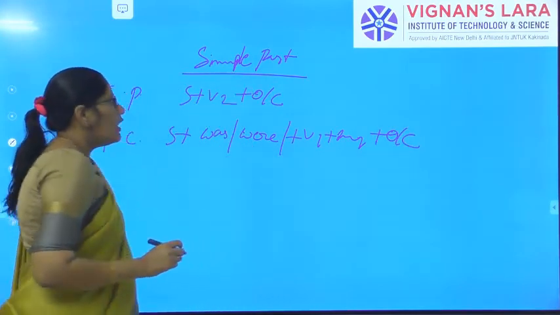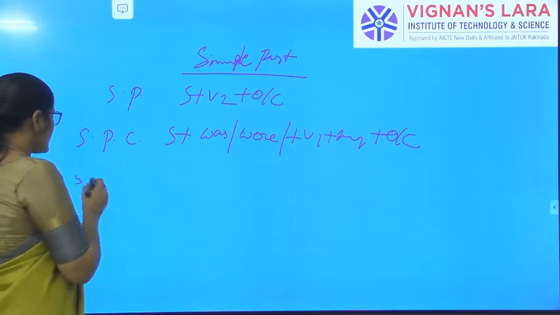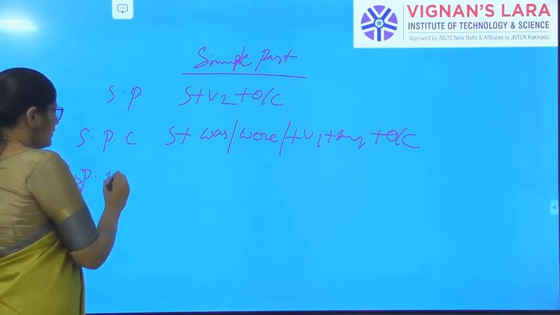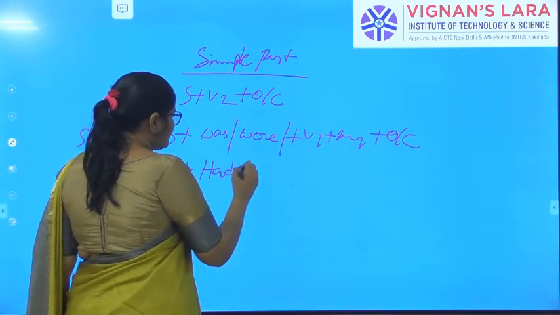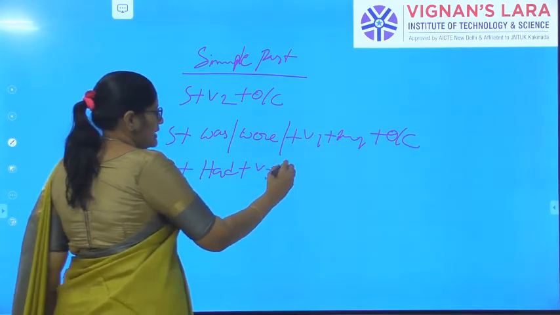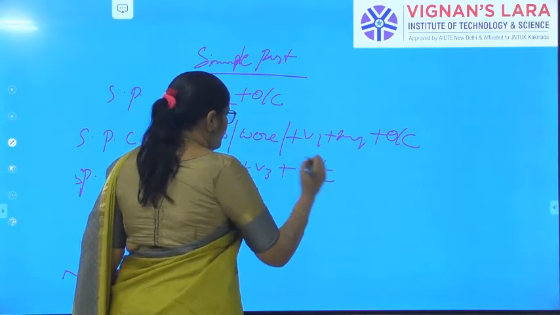This is for past continuous. And the next we'll go with the past perfect. So subject plus had plus V3 plus object or complement.